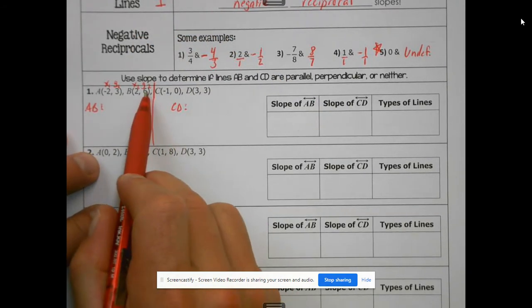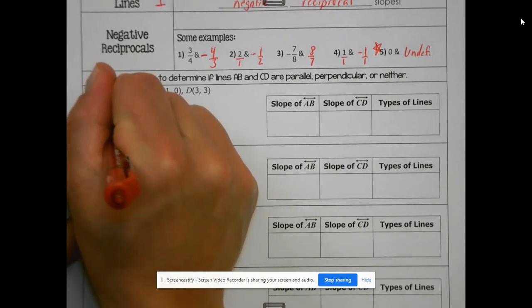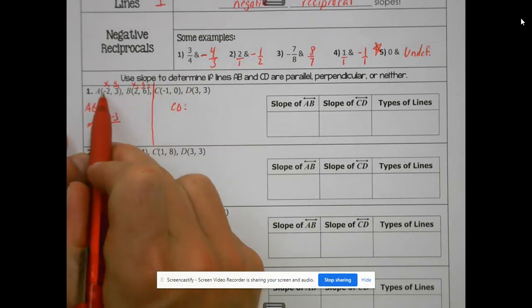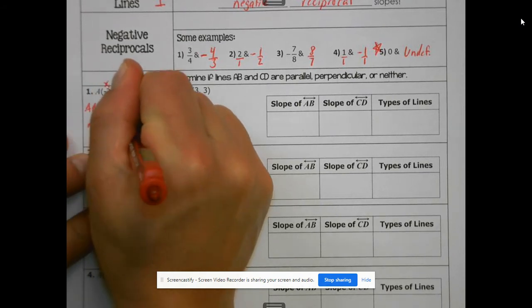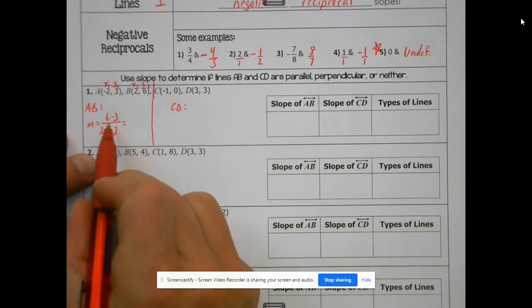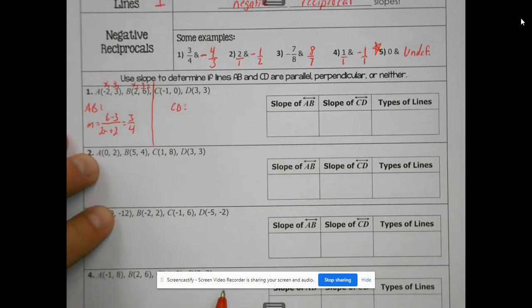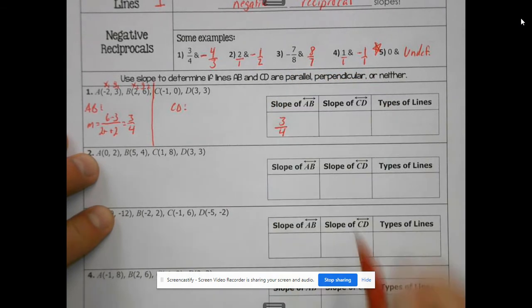Y2 minus Y1, 6 minus 3, over X2 minus X1, 2 minus a negative 2, plus plus. Up top, I have a 3. Bottom, I have a 4. I cannot reduce that, so slope of AB is 3/4.